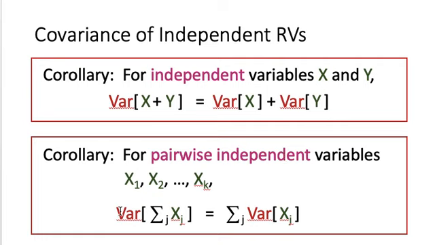So again, we will have linearity of variance in this situation. Notice one important thing here is that we just need pairwise independence. We don't need mutual independence. Pairwise independence is easier to achieve than mutual independence. Okay, so that's all for lecture 7. Thank you.